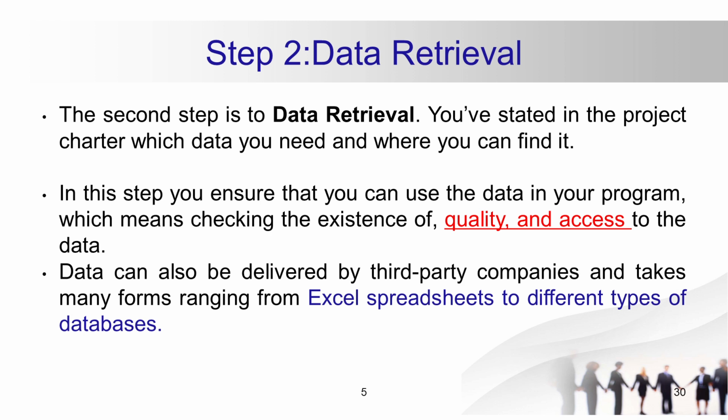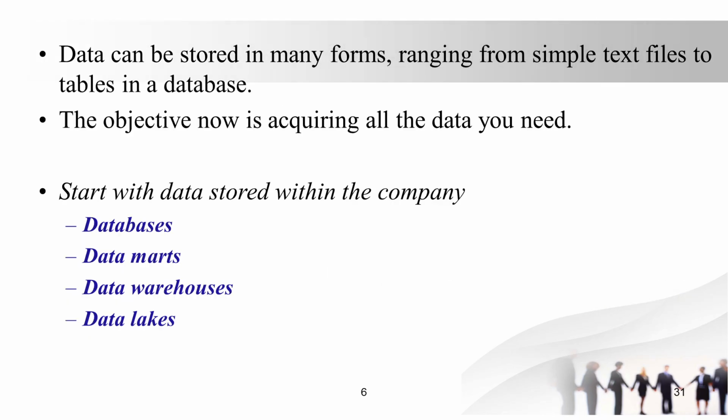It could be an Excel sheet, or you can take the data from different databases. The data could be from a database, or from a data mart, or a data warehouse, or a data lake.